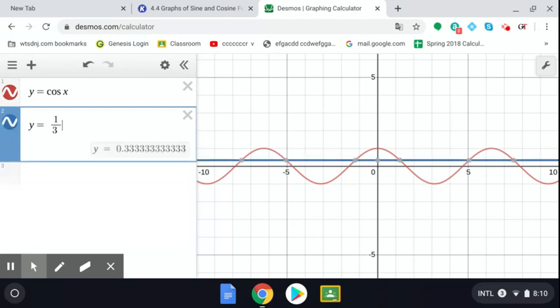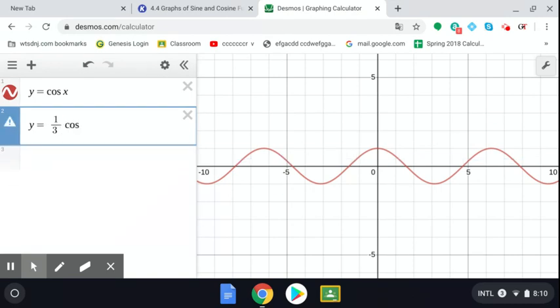As you can see here, the amplitude for the blue function, which is 1/3 cosine x, is a lot smaller than y equals cosine x.